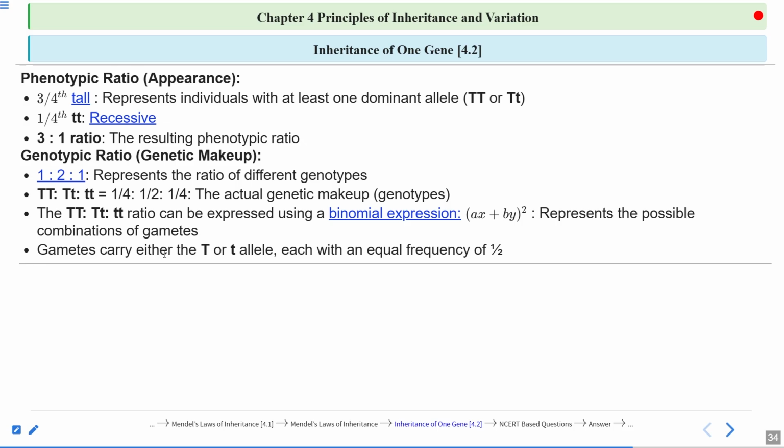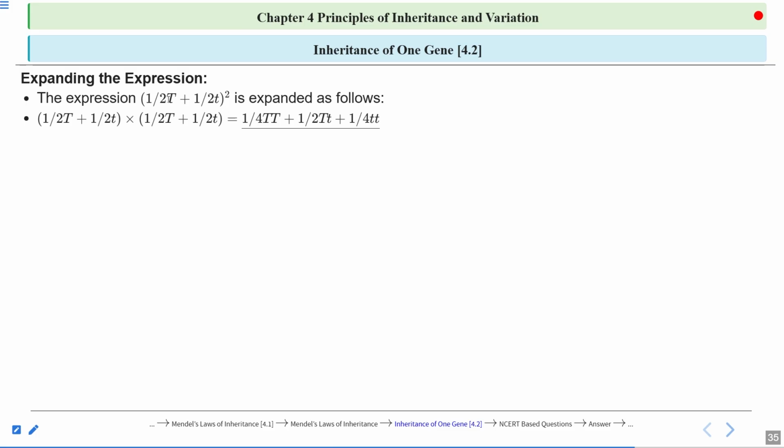Gametes carry either the capital T or small t allele, each with an equal frequency of half. So if this is the genotype, capital T small t, half of the gametes will carry capital T, half of the gametes will carry small t. That's why they have an equal frequency of half. So you can put this half in the equation: (half capital T plus half small t) whole square.